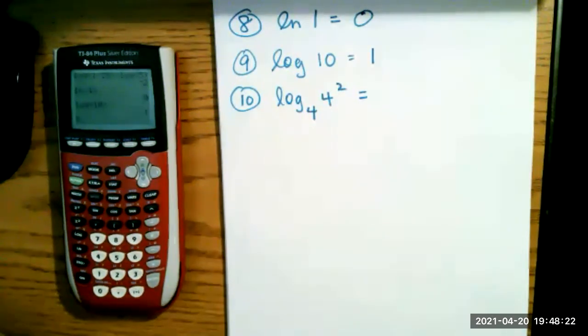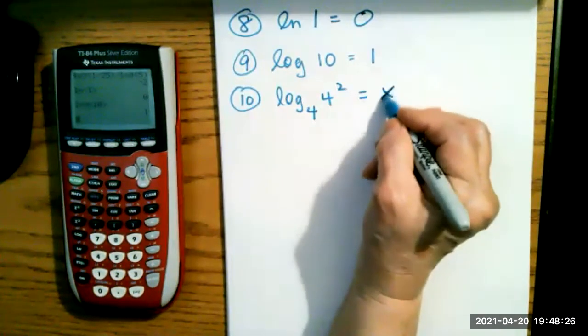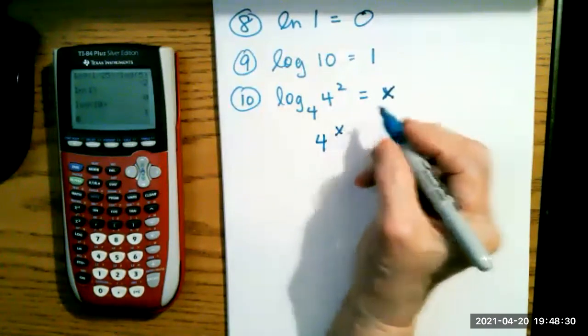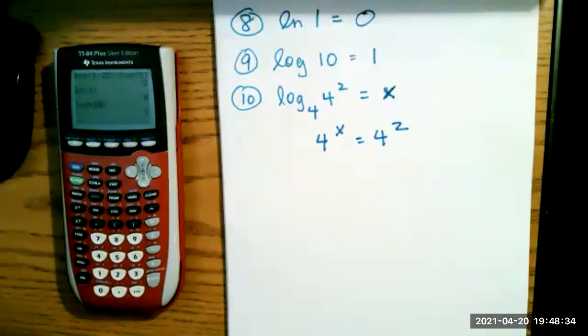Put an X over here and say 4 to the X equals the big log number. The big log number in this case is 4 squared. Can you look at it and tell me what the X is going to be? 2.